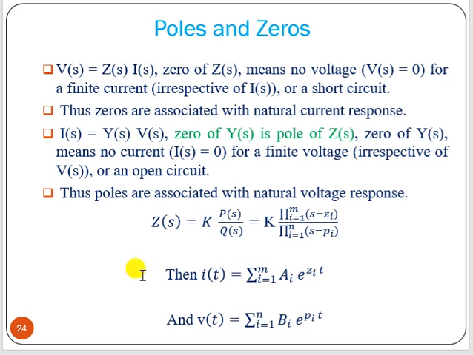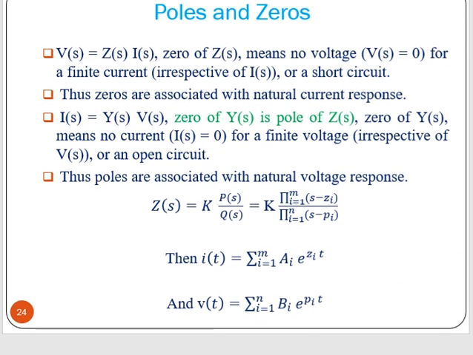Then the current response we can get from these zeros, that is summation of i from 1 to m of Ai e to the power zi t, in the form K e to the power st, where s is the z value, and this denominator part gives us the voltage response, summation of i from 1 to n of Bi e to the power pi t.